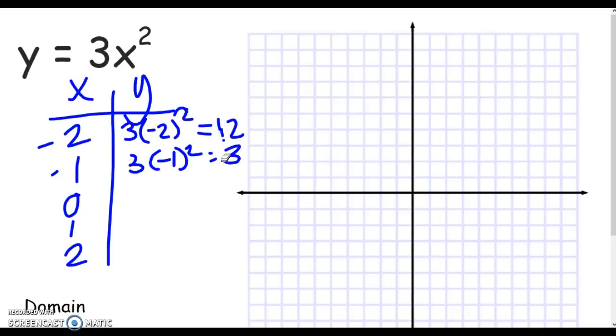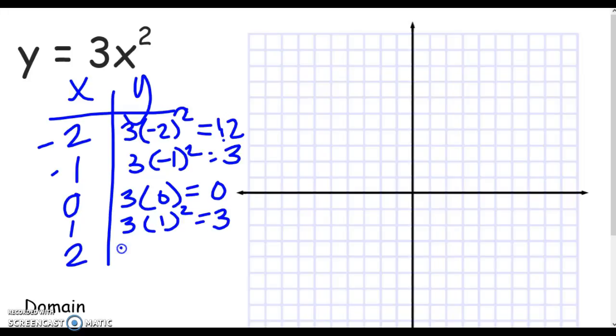And then I do 3 times 0 squared. Well, 0 squared is 0 times 3 is also 0. 3 times 1 squared. 1 squared is 1 times 3 gives me 3. And 3 times 2 squared. 2 squared is 4 times 3 gives me 12.